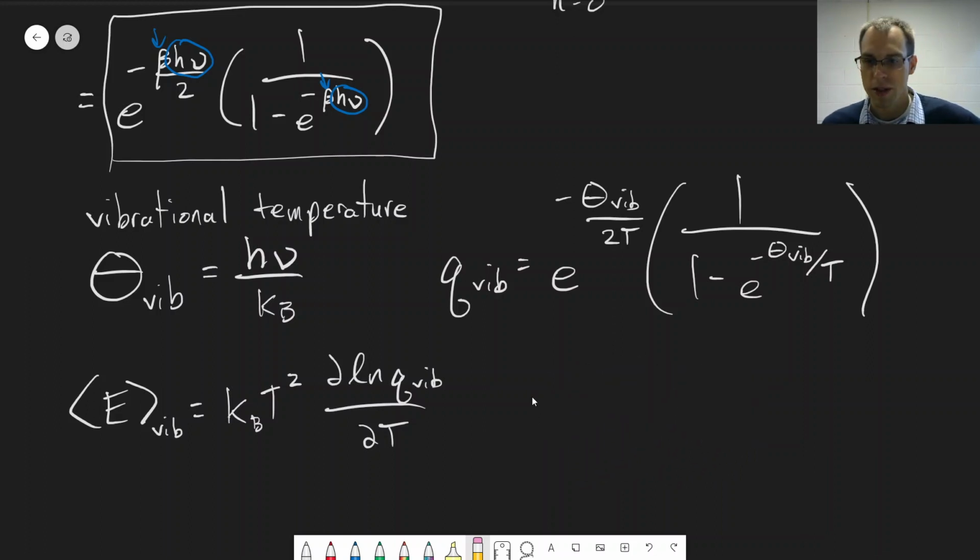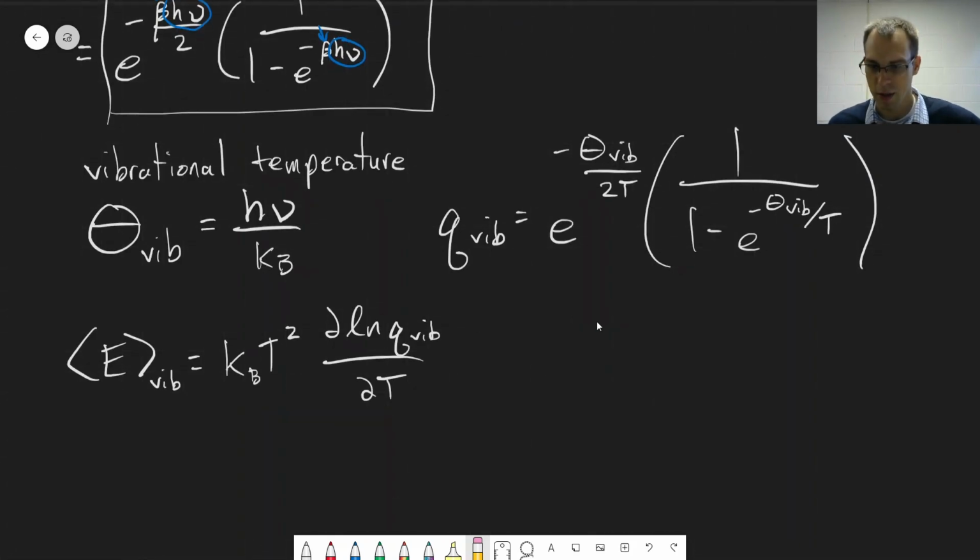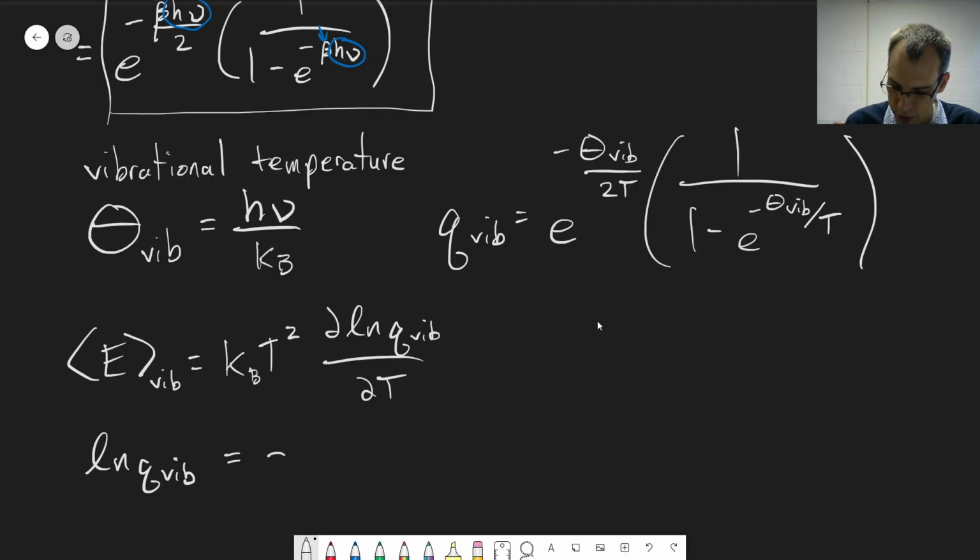Okay, so let's go ahead and use this partition function and this equation and find out the average vibrational energy contribution. So let's first look at the log of Q vib. The term in front is just a constant, so we're just going to have a natural log of our exponential term. The natural log of that is just whatever's in the exponent, so we'll get negative theta vib over 2T.